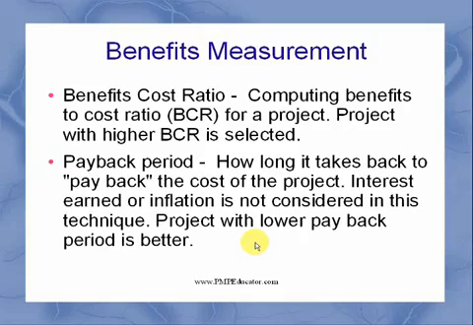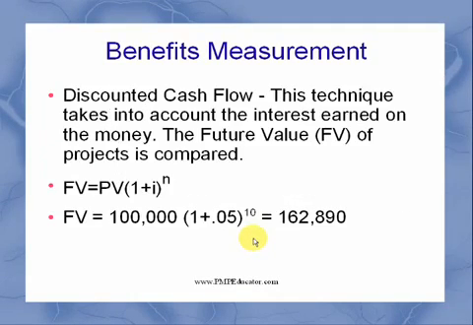And we also have discounted cash flow. This technique takes into account the interest earned on the money. The future value of the project is compared. There's a formula for that: FV is the future value, which is equal to the present value PV times (1 + I) to the power of N, where I is the interest rate and N is the number of years.